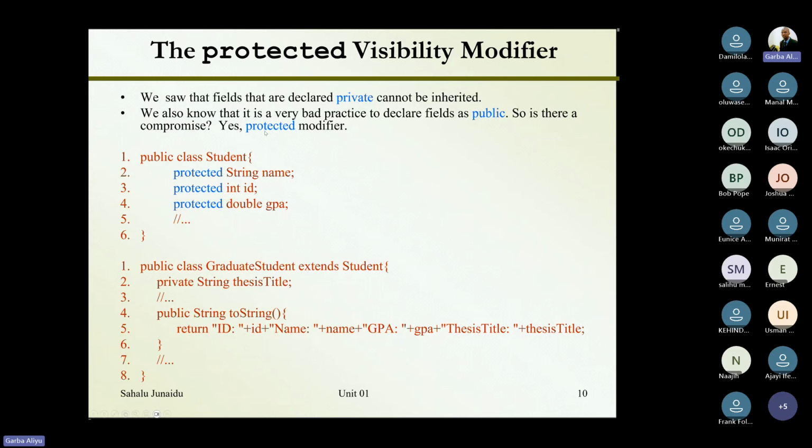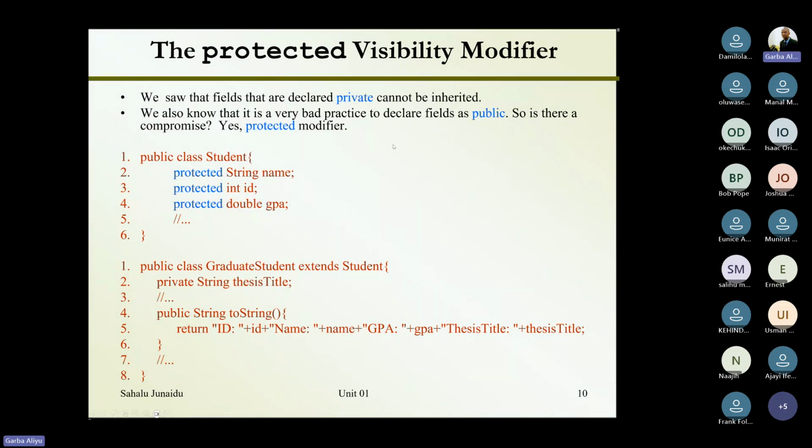The answer is yes, and that is called protected. So use a protected member. Later when we start packages, most likely by next week, we will discuss to what extent we can access the public, private, and protected members, the access modifiers.